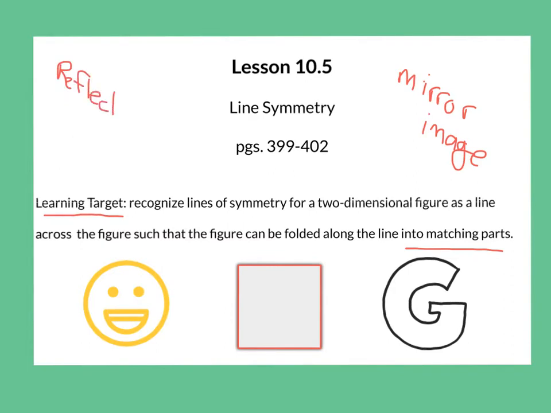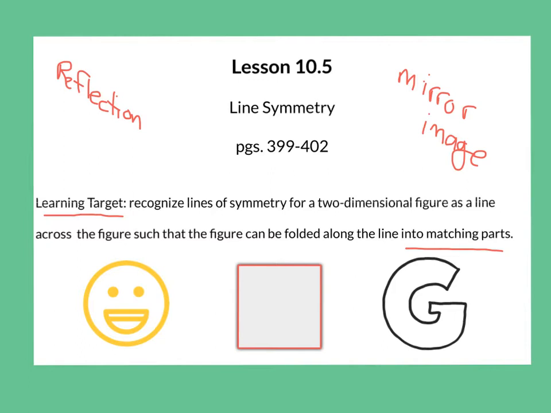So that's what we're going to be focusing on today. We're looking at shapes for lines of symmetry, and if we fold them or draw a line on them, would we have two matching, identical pieces, mirror images or reflections of each other?